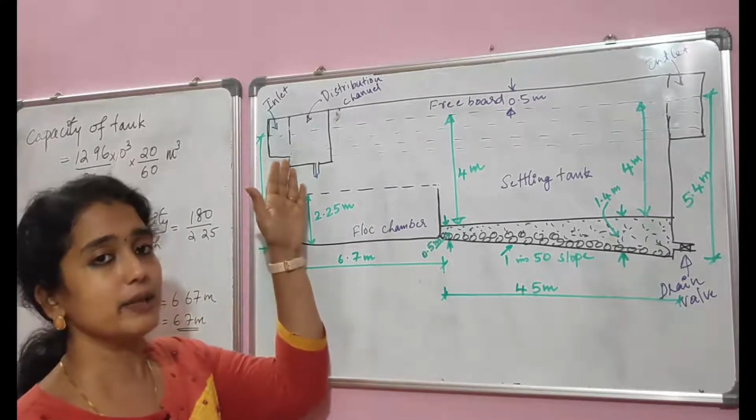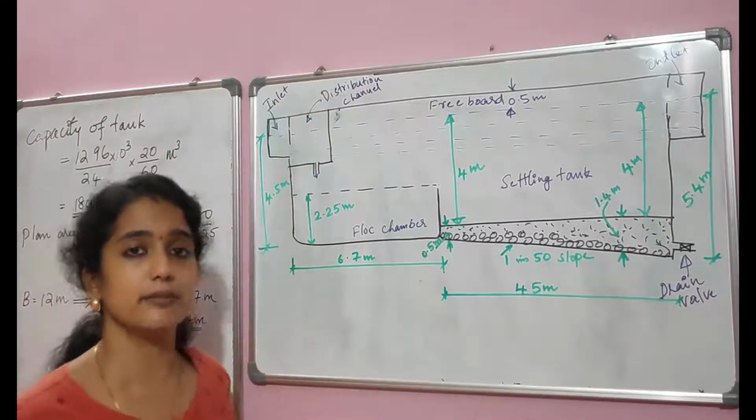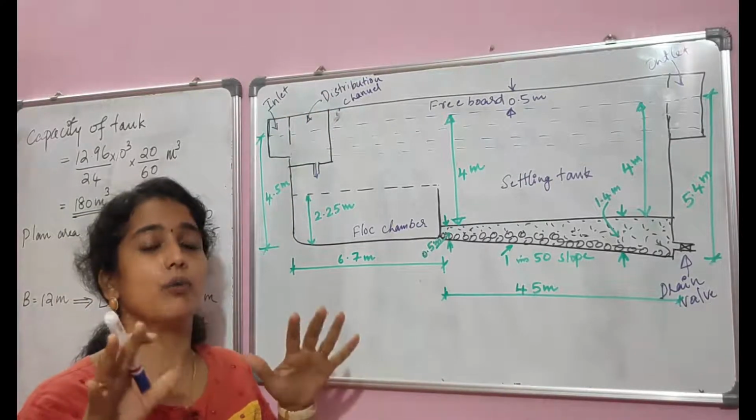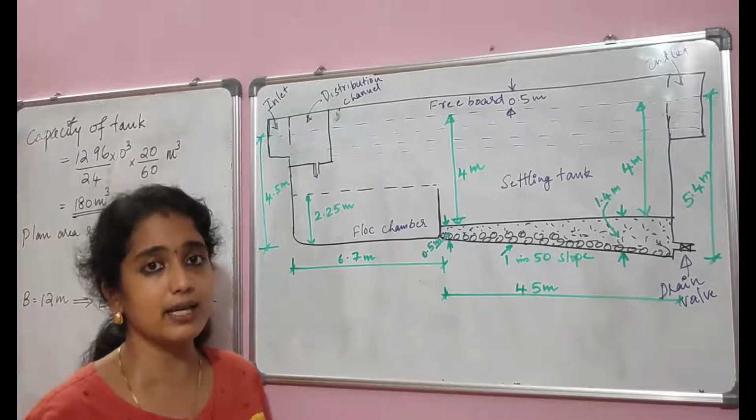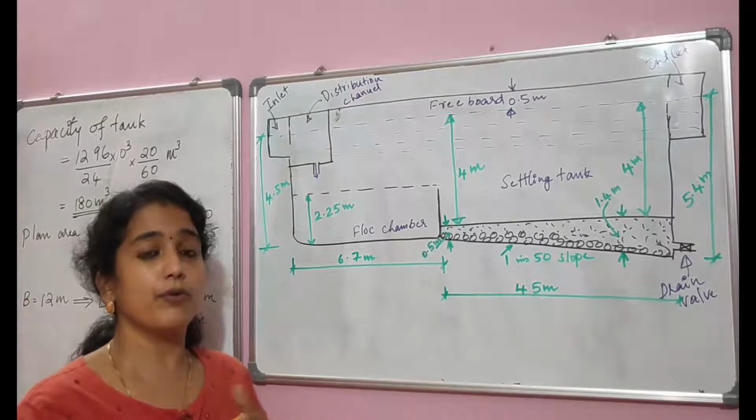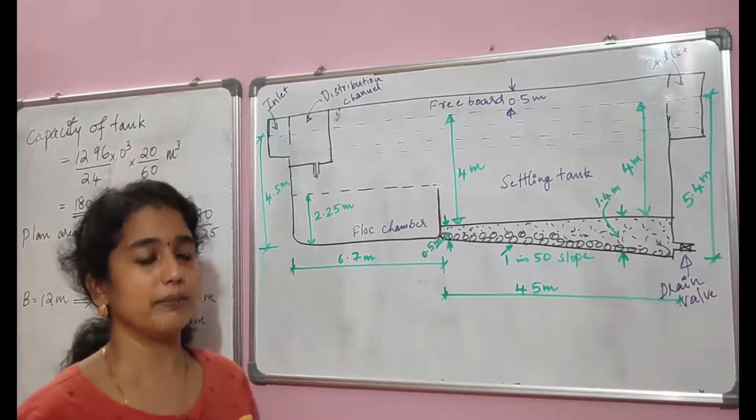From the inlet arrangement, the water enters the distribution channel from where the water is evenly distributed in the floc chamber without disturbing the flow pattern in the floc chamber.